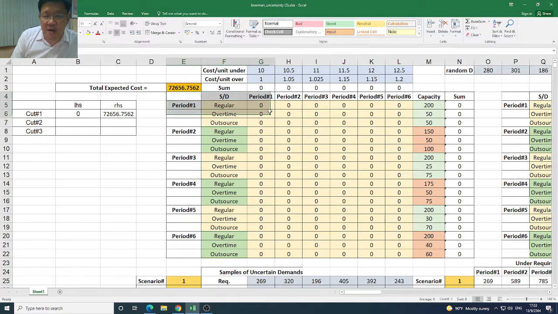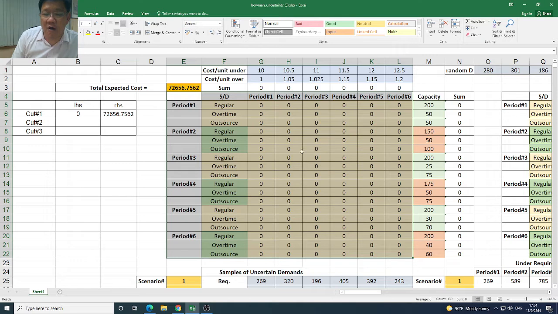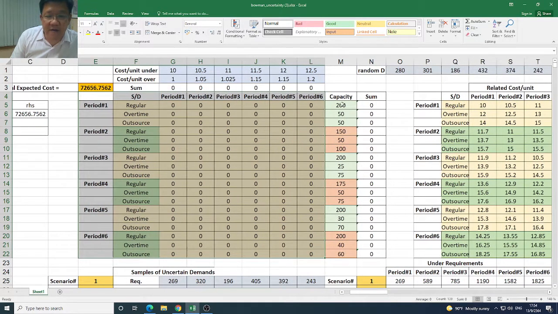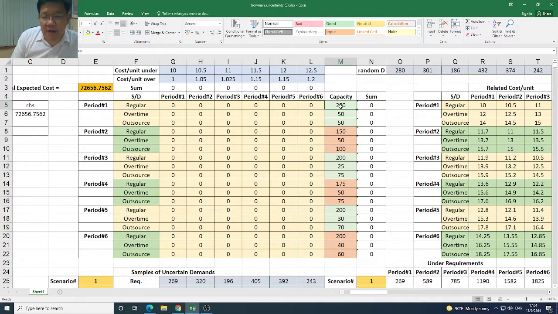So this is the classical transportation table, as you already saw from the Bowman paper. For each source of capacity you also have a given capacity value here, and up here is the cost per unit of under and over, which are not all equal for each period.